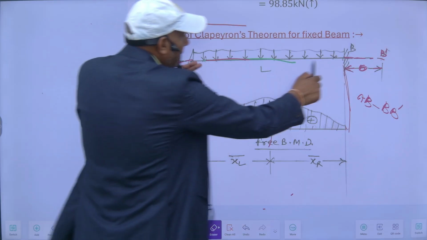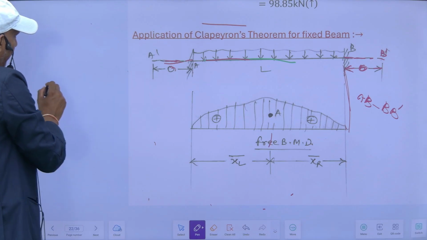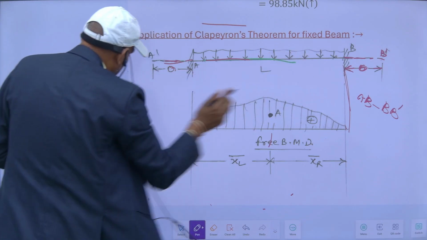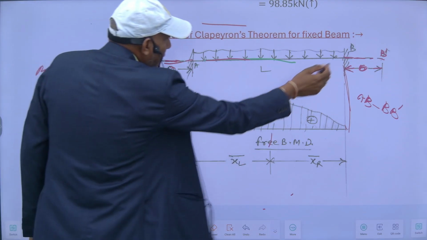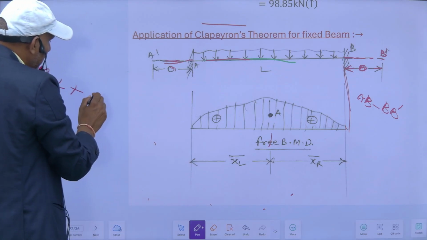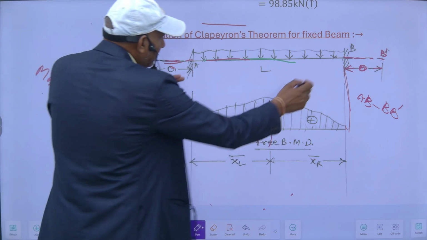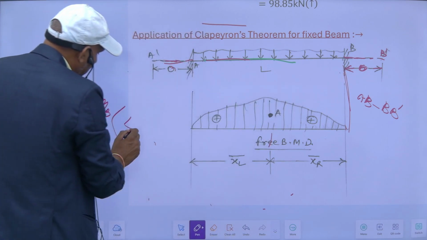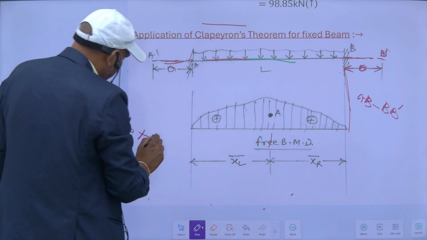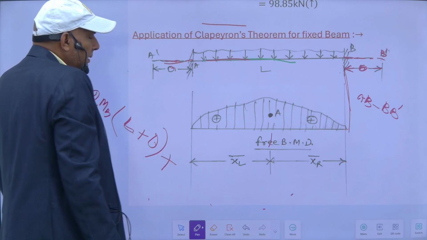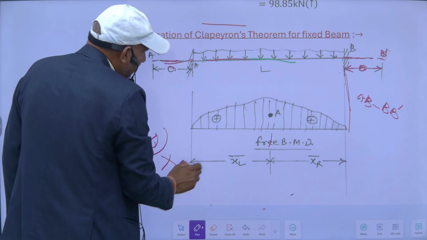So for AB and BB dash, it will be MA into this length, plus 2 times MB into L1 plus L2, L2 is 0, plus this moment into its length.